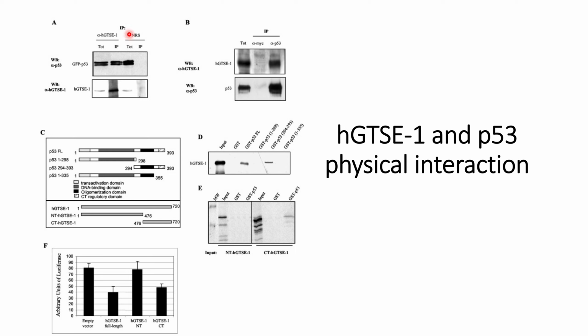Later, for control, they did the experiment with another immunoprecipitation serum, that is NRS. In the total cell lysate, they can see the presence of p53 and hGTSE. However, when they co-immunoprecipitate with anti-p53 serum, they see the presence of both p53 and hGTSE.